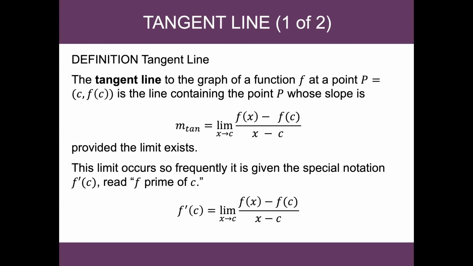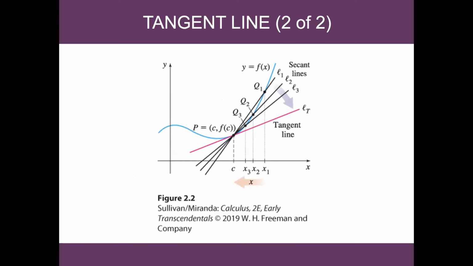Okay, let's get going. So, the definition of tangent line: what we've talked about before is in the diagrams that we've worked with. Let's go back down to the next page and show a picture again to remind you of this.